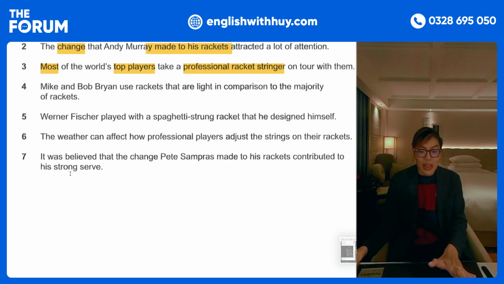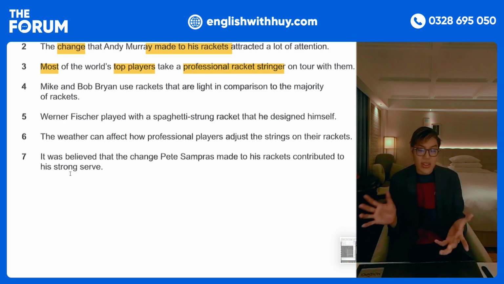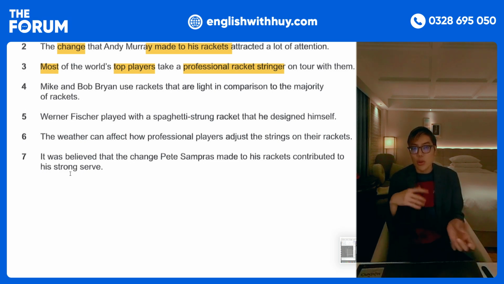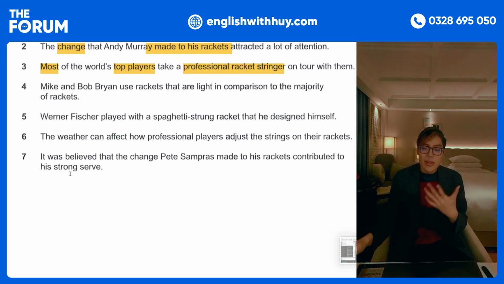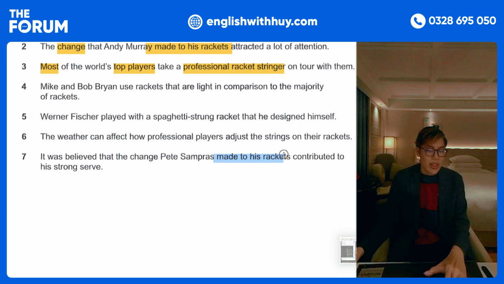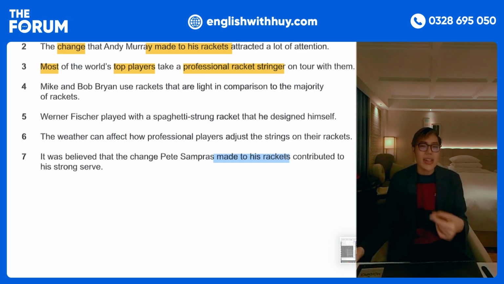So it can be due to the change he made to his rackets, or maybe due to his change in the serving motion. Maybe he changed from using the trophy posture to a different one. So you cannot reliably choose this word to be the keyword, because it could be non-existent in the passage, and the answer would still be false.